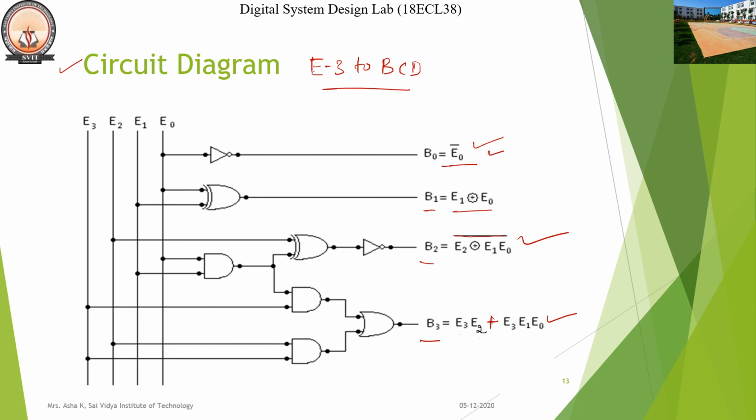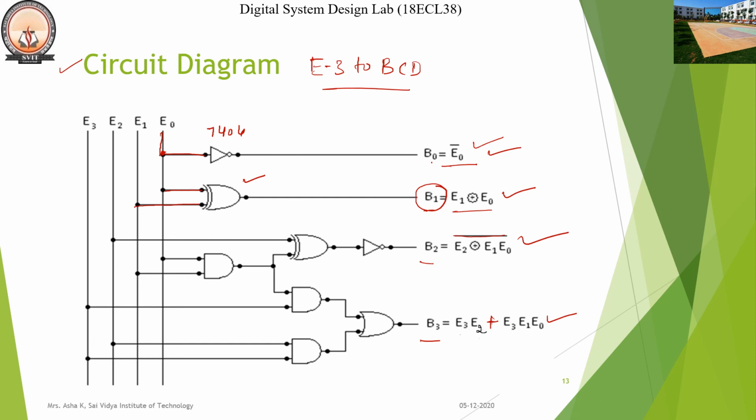First consider the B0 bit. With the help of the XS3 bit E0, use the inverter IC 7404 and obtain the expression for B0. With the help of an XOR gate, the E0 bit XOR with the E1 bit gives us the answer, that is equal to B1.